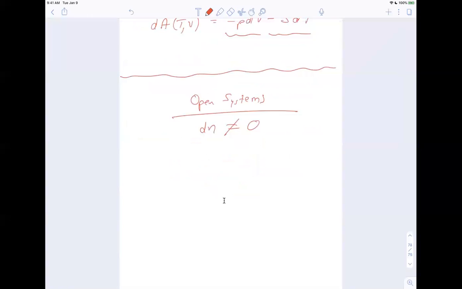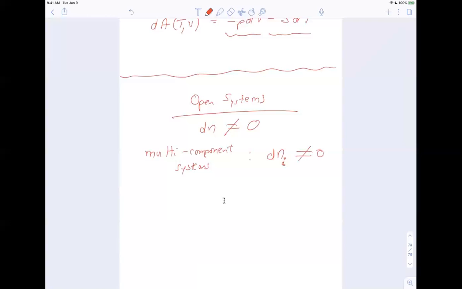And if you have multi-component systems, and of course, we have multiple chemical reactants and multiple products, then we would have to label each one of those number of moles N as I. We're going to label that as species i. And so dNi is not equal to zero.